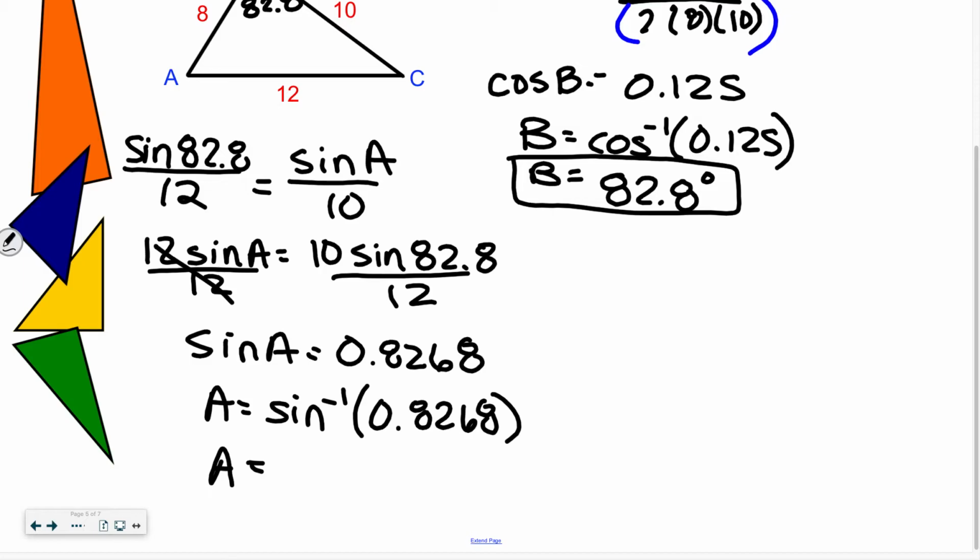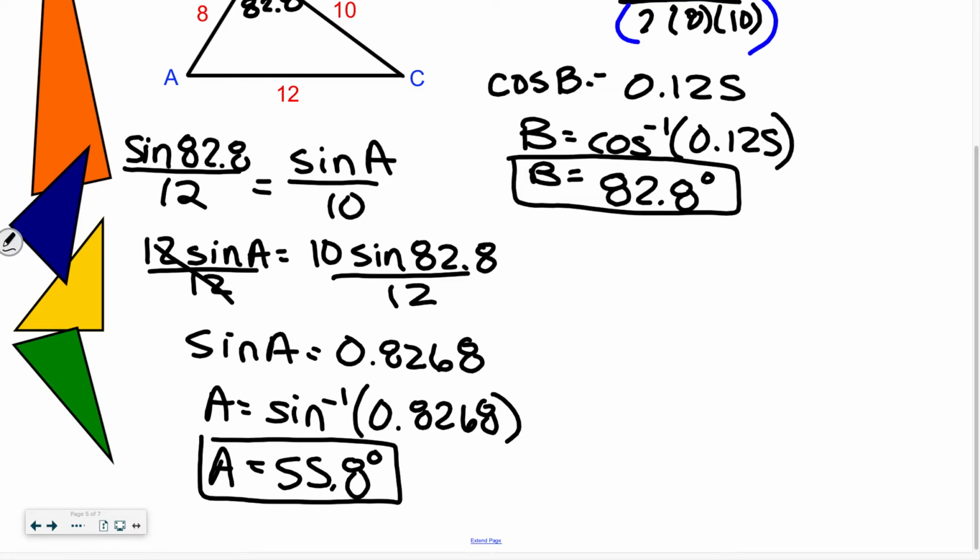It's 55.8. If you chose to go the law of cosines route, you should get the same answer. When I did 10 times sine of 82.8 divided by 12. Ooh, yeah. I divide by 12.